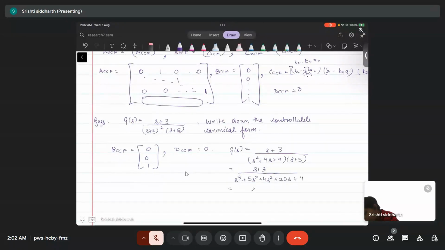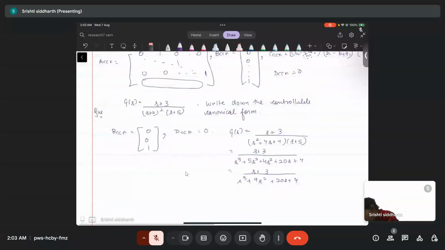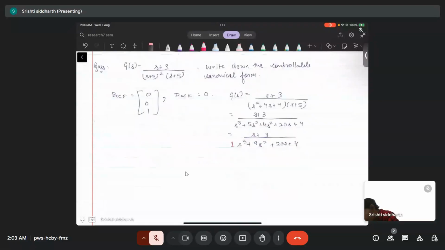This is going to be s cube plus 9s squared plus 20s plus 4. Alright. So now we can comment on this. So this is in the standard form, and there are no s cube or even s square terms in the numerator. So of course this is strictly proper.